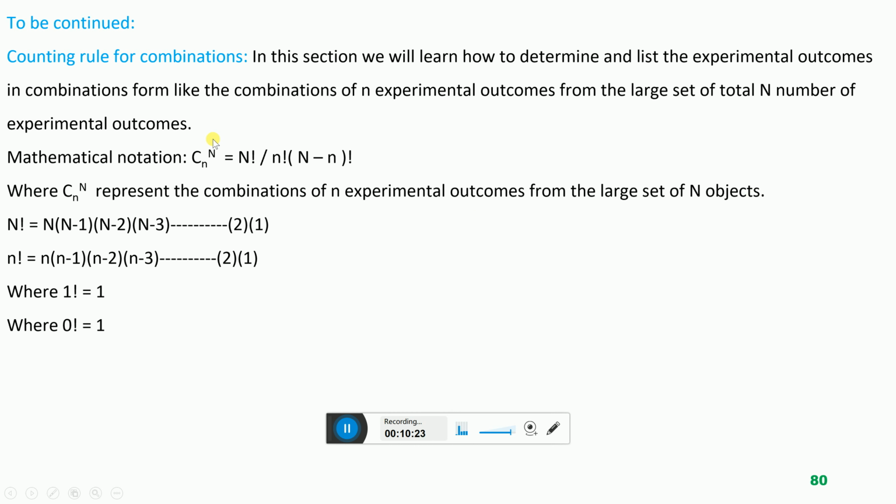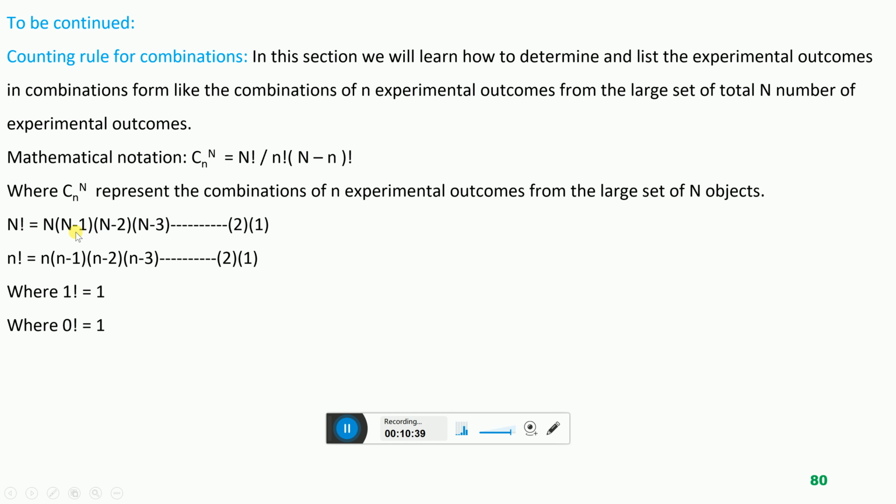I am again repeating that C(N, n) represents the combinations of n outcomes from the large set of N outcomes.